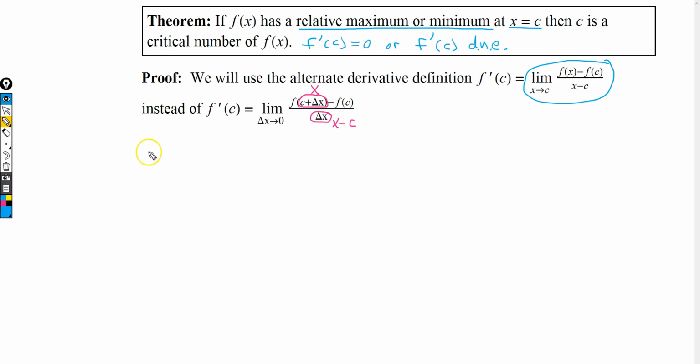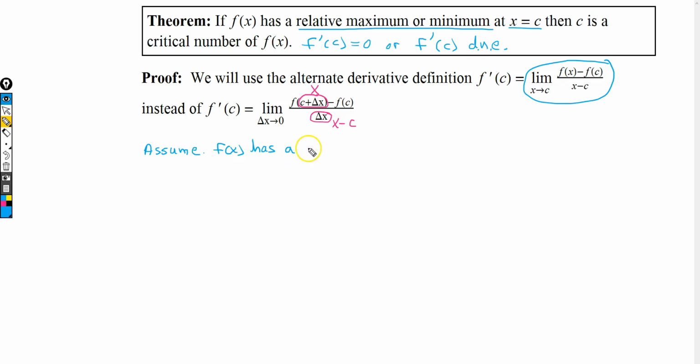Now we're going to assume f of x has a relative maximum. The proof of the relative minimum case is exactly the same as what we're going to go over.